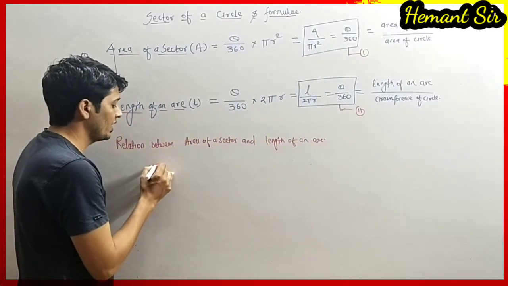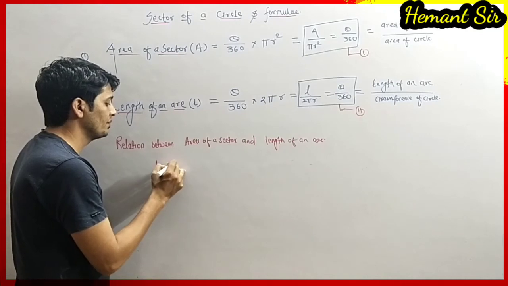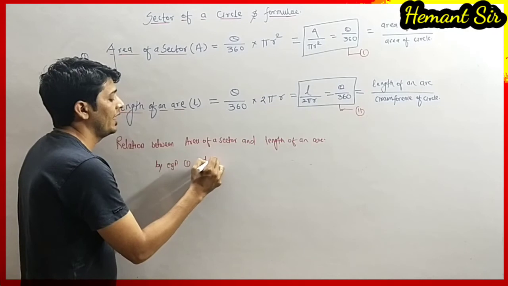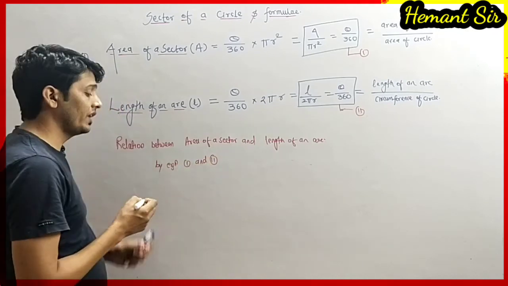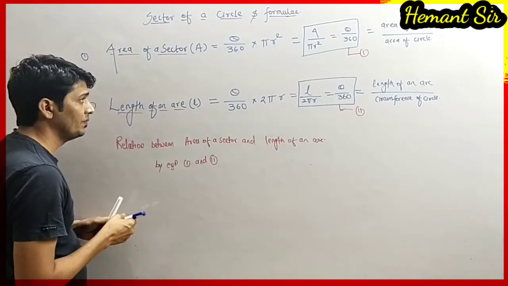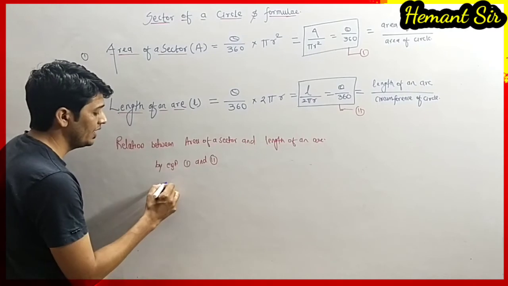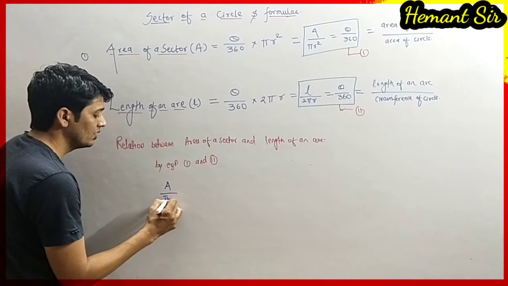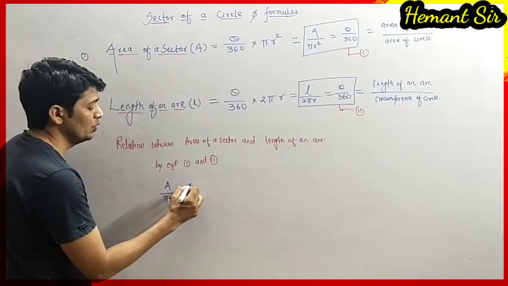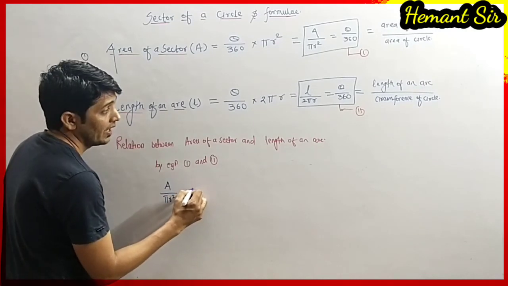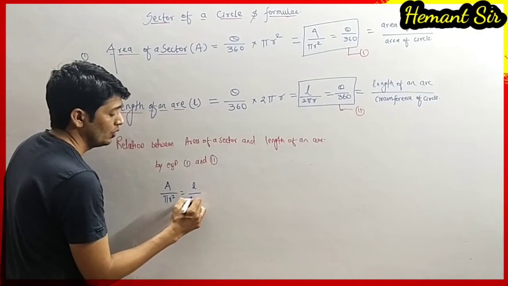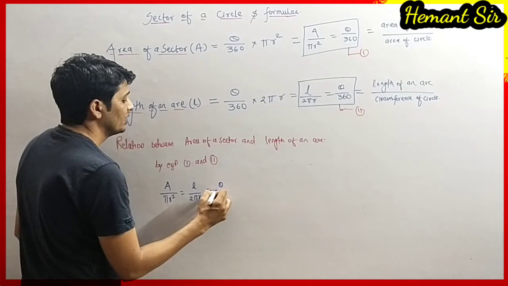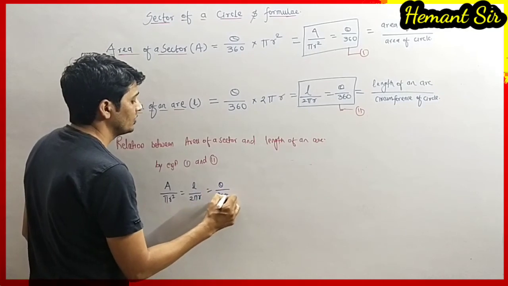By equations 1 and 2, we can write A divided by pi r square equals L divided by 2 pi r, which is equal to theta divided by 360.